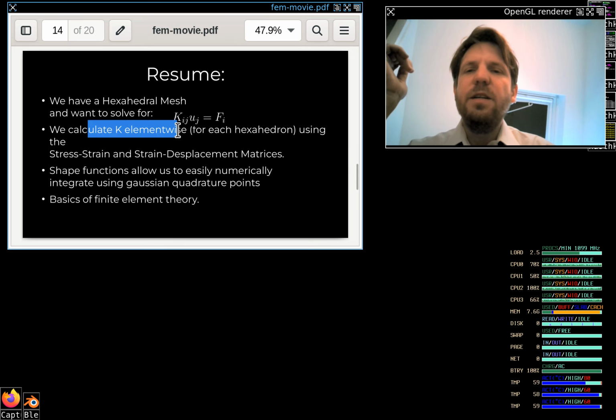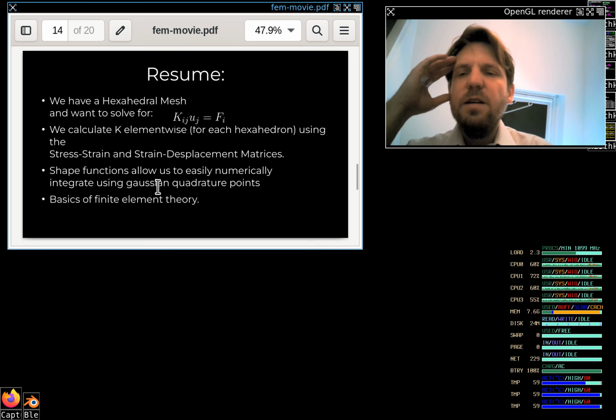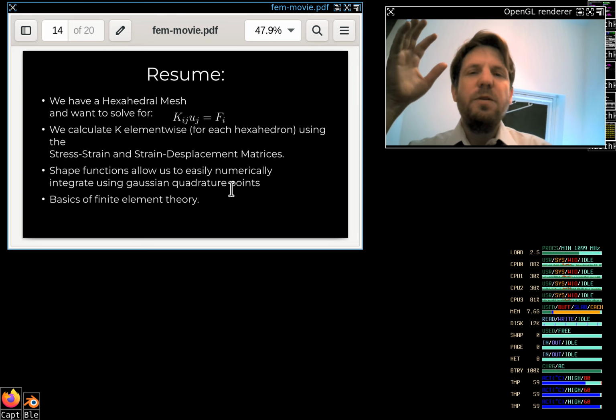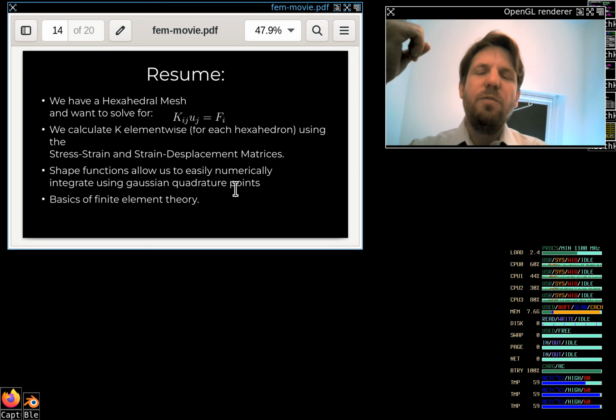As I said, you can calculate this K element-wise and sum it in there. Here we do this for each hexahedron using the stress-strain and the strain-displacement matrices. So the shape functions allow us to do this numerically. For those who want to get practical right away, go back to the practical stuff.